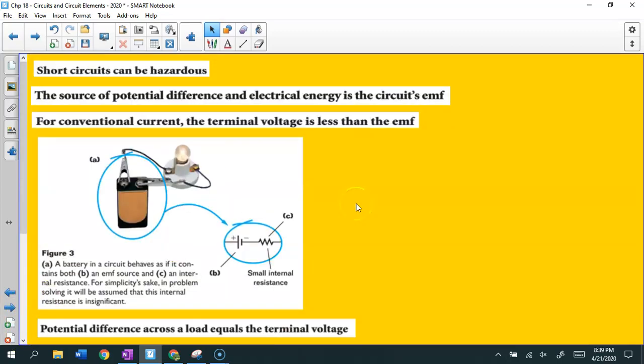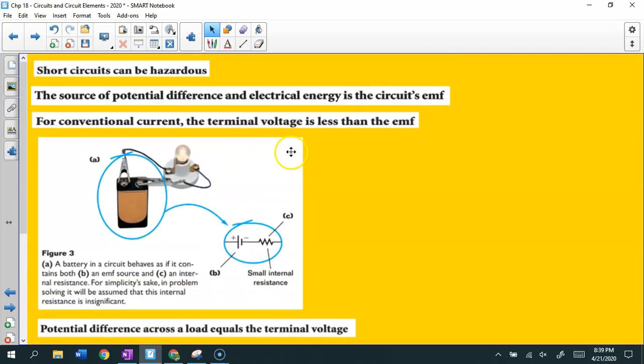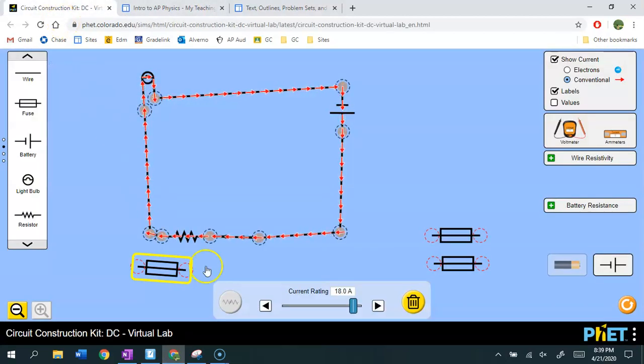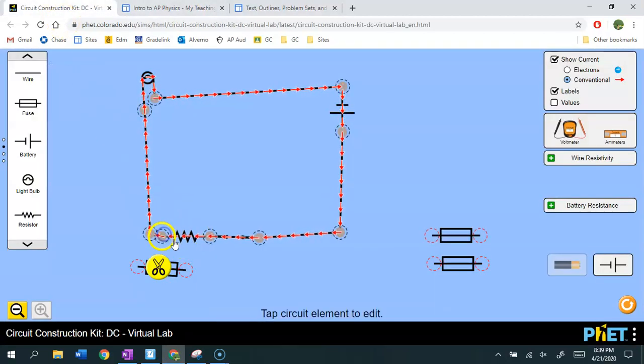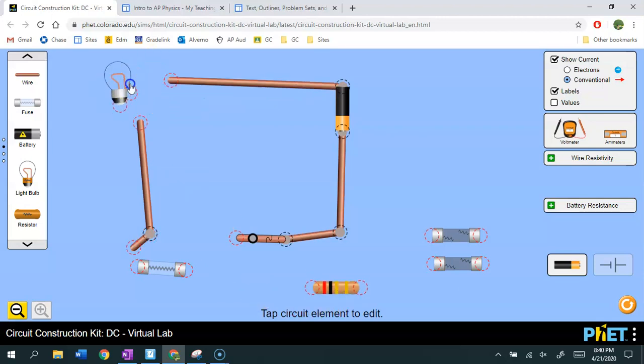Now, a few notes to make about this lesson. Number one, short circuit is a very big problem, and I showed you a short circuit. What does a short circuit look like? Let's take this resistor out, and let's take that bulb out of that picture as well.